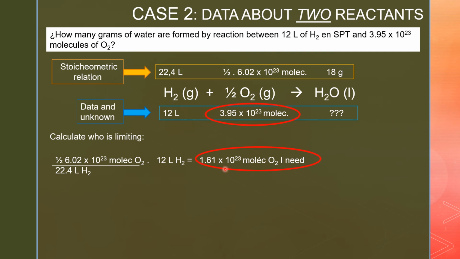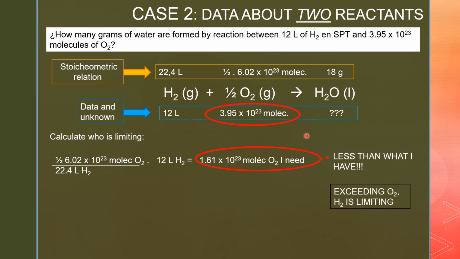Now I compare what I need with what I actually have. Look that there is less than what I actually have. I need less oxygen than what I was given. So that means that O2 is exceeding and hydrogen is limiting.